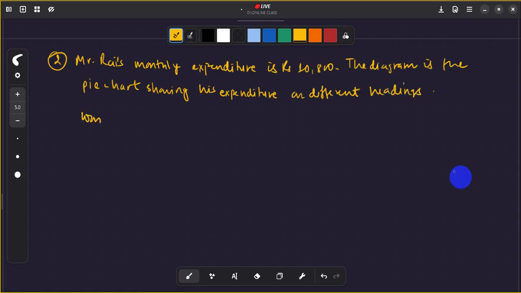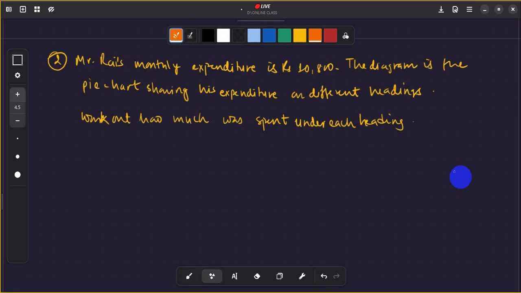Work out how much was spent under each heading.